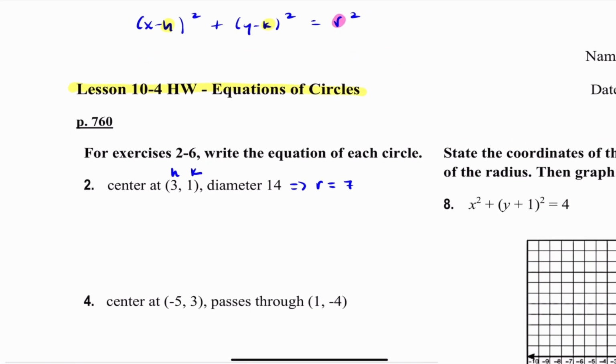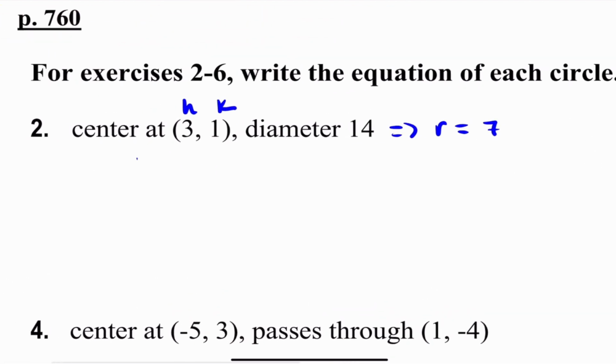So using my equation, it's (x minus h) quantity squared plus (y minus k) quantity squared equals r squared. So I'm going to replace h and k with 3 and 1, respectively.